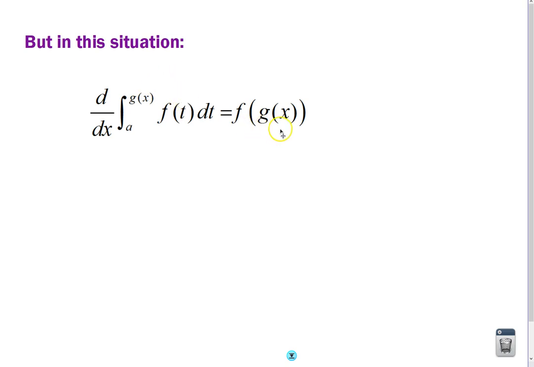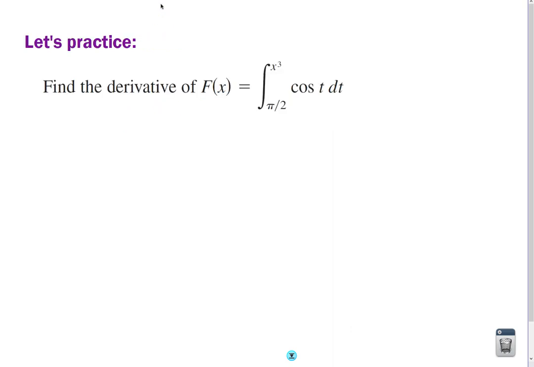So f of g of x, but then you multiply by the derivative of that upper bound, okay? So it kind of looks like the chain rule, but it's not the chain rule. Remember with the chain rule, you have that extra f prime of g, okay? This is just f of g of x times g prime of x. I know this seems a little bit tricky, so let's do several practice problems together and see if it'll help clear that up a little bit.